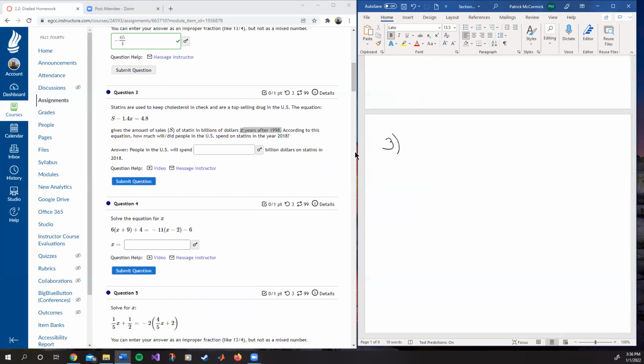If we plug in x, we can solve for S. So we have to figure out x first. x is a number of years after 1998, so we want 2018 minus 1998, which is equal to 20. So x is equal to 20. So our equation S minus 1.4x equals 4.8, let x equal 20.